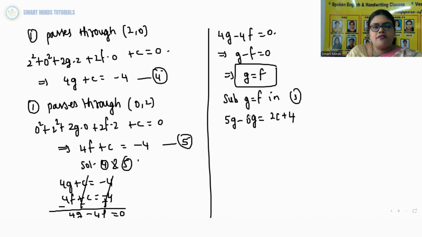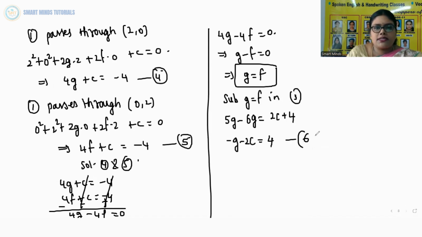So 5g minus 6g is minus g is equal to 2c plus 4. If I take 2c to this side, we get minus 2c. So you get minus g minus 2c is equal to 4.